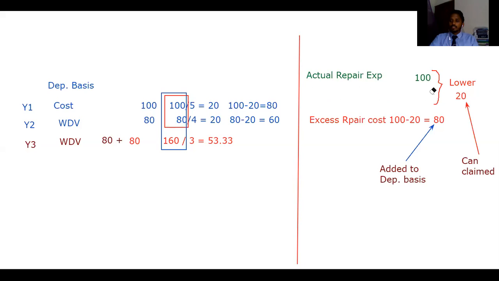The lower amount we need to consider, 40 plus float, when compared with 140, the lower amount is 40. Then the lower amount is allowed as expenses, we can claim as expenses allowed.